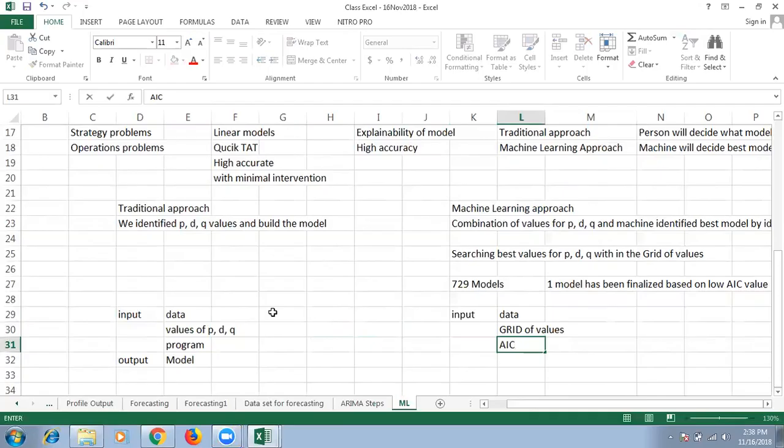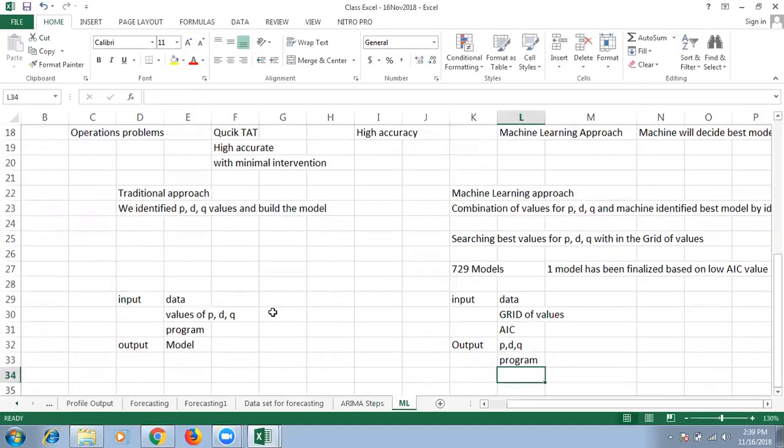In this case, we gave the AIC, and you can also give the BIC, or maybe you can also give the MAPE, whichever is best. So then what is your output? The program with the PDQ. I mean, basically you got the values of PDQ, right? Because if you know the PDQ, that is nothing but the program, right? Am I correct or not?